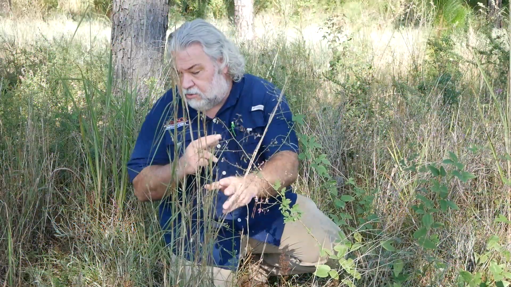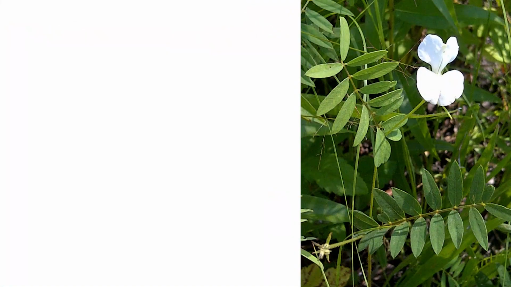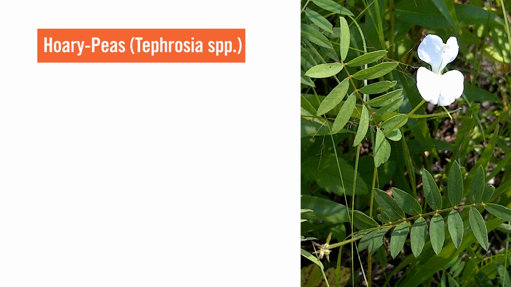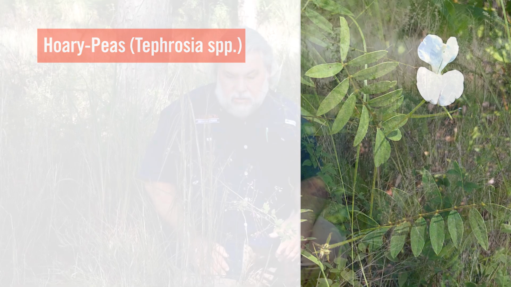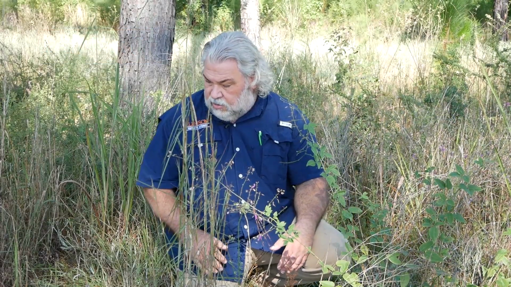Some of the things that might not show up well in this shot, but things like tephrosia. This is not goat's rue, but this is tephrosia, which is another one of the legumes. And then in addition to the legumes, the other forbs that are important are some of the asters. The asters are the second group that are really important to quail.